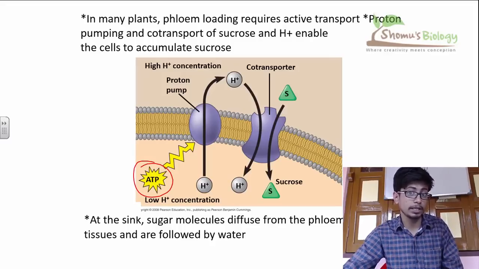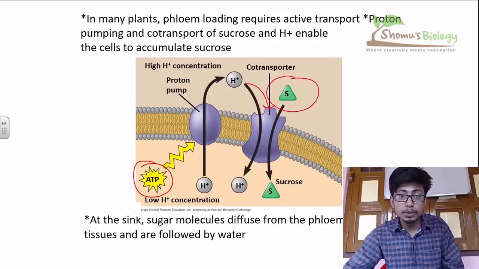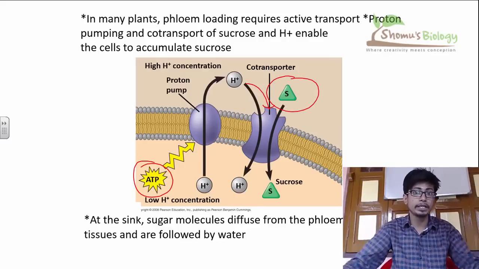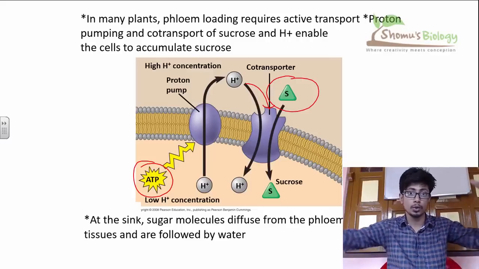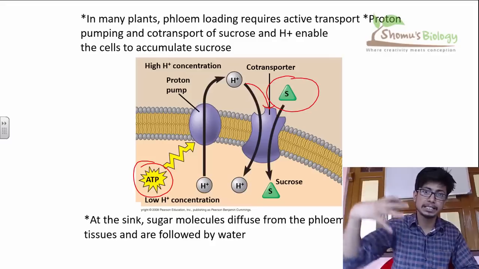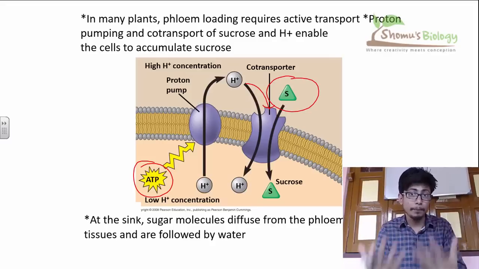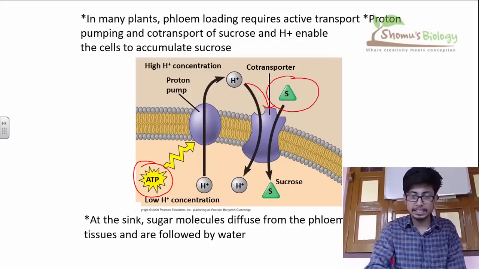The proton is taken in from the other side along with the sugar, and then we use the concentration gradient generated by the proton to drag sucrose inside the cell. Otherwise, sucrose cannot directly move inside from those companion cells to the STM.